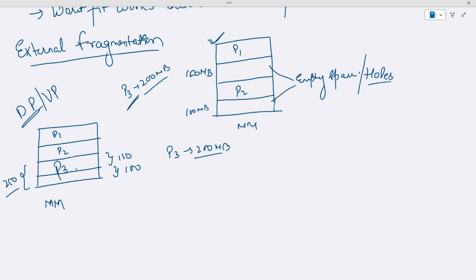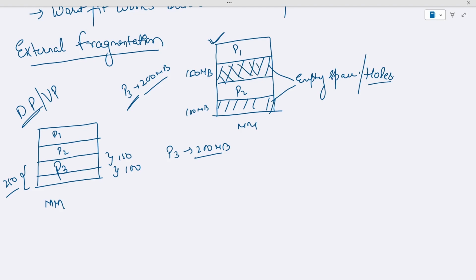Here we cannot give that space because it's only 150 MB and another process is already using it, so we cannot shift it, and the other is 100 MB. But if we can shift these spaces by any method, there is less wastage. Because this space is not used by any process, since P3 needs 200 MB, P3 cannot use main memory.